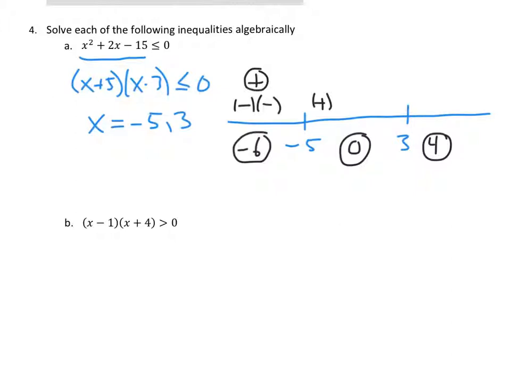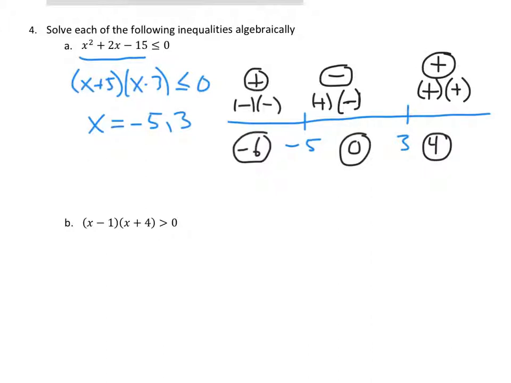That's negative 3, so that's negative. And since you're multiplying a positive times a negative, you would get a negative answer for your final result. And then for 4, we get 4 plus 5, that's 9, so positive. And 4 minus 3 is 1, so that's also positive. So it's a positive times another positive, which is, of course, a positive answer.